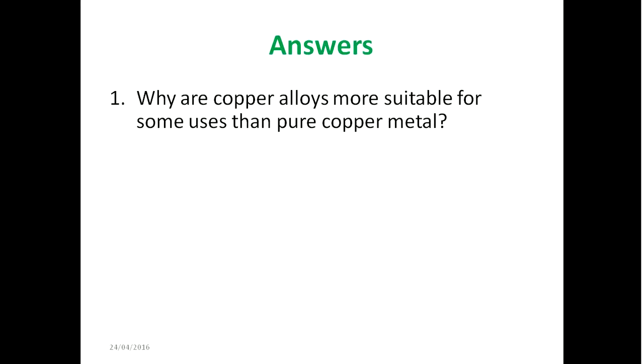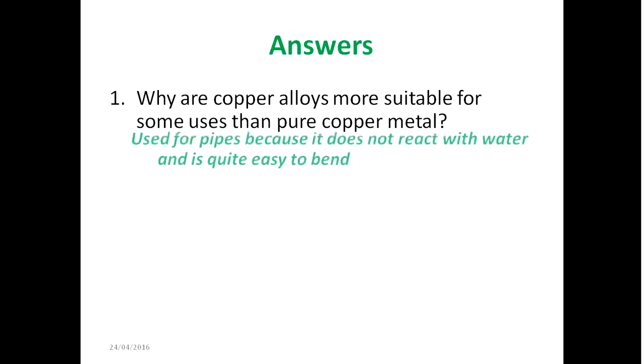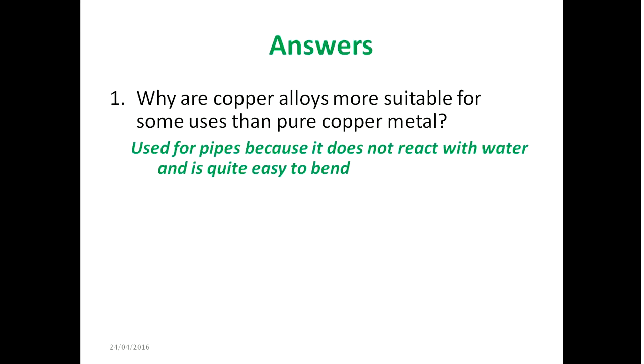Question 1 was, why are copper alloys more suitable for some uses than pure copper metal? And the answer is because they do not react with water and they bend quite easily. And also, copper alloys have much more varied properties than pure copper metal.